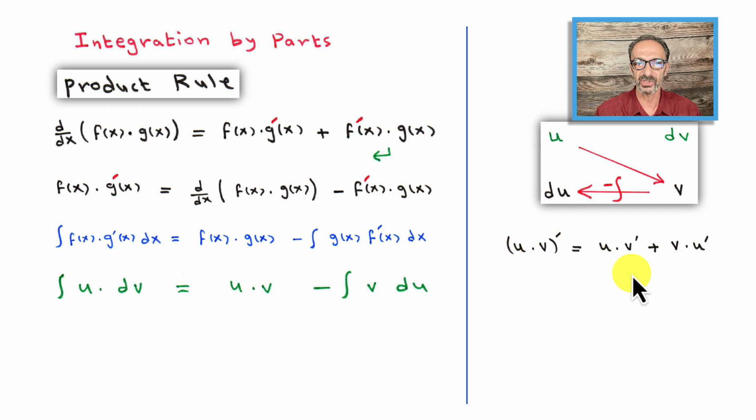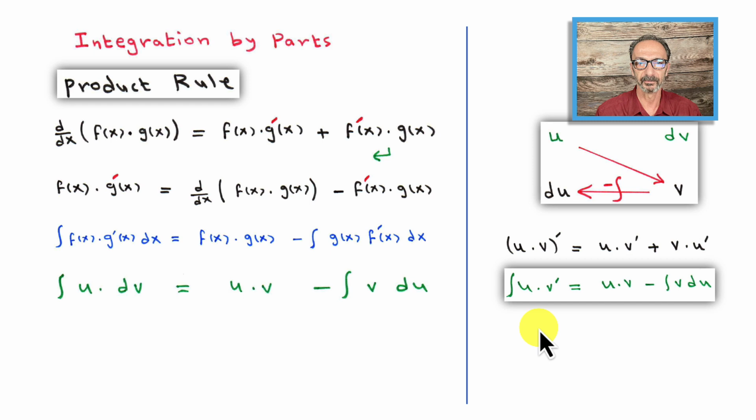Integrating on both sides, we will have the integration of u v prime by itself equals the integration of this will give you uv minus the integration of v du instead of u prime.